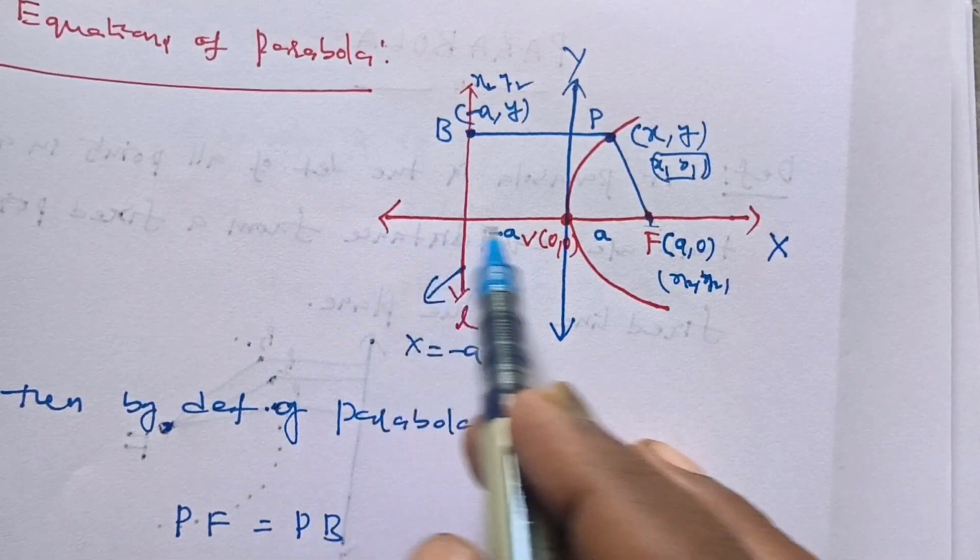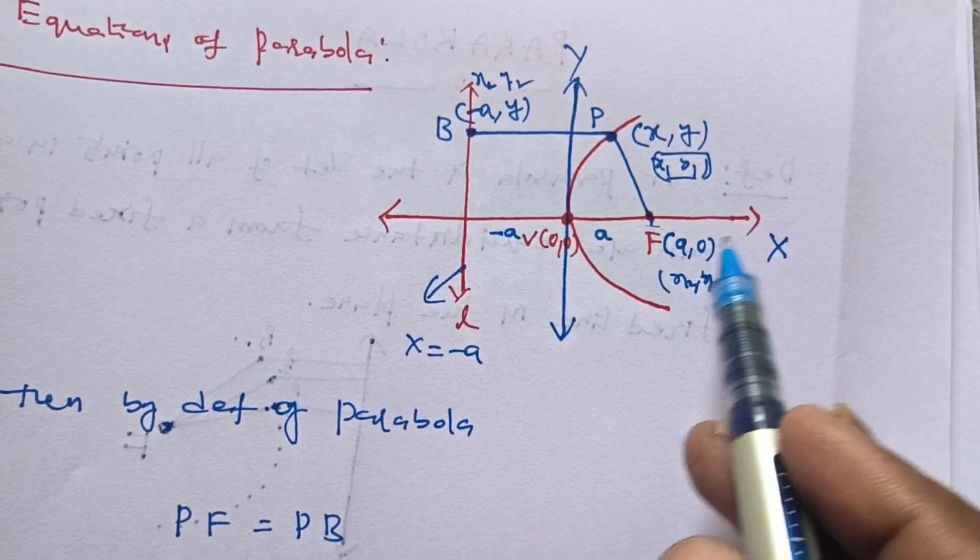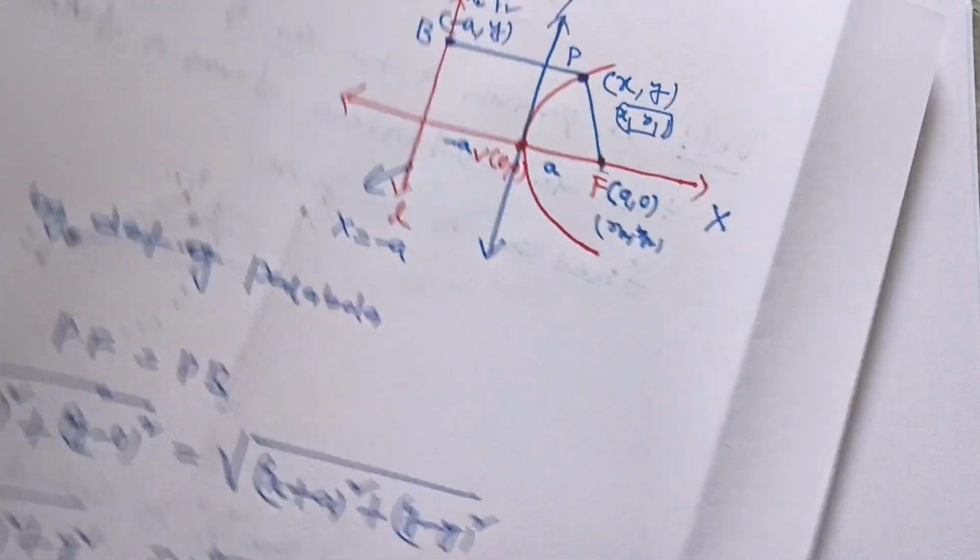That's why the axis of symmetry is the x-axis.